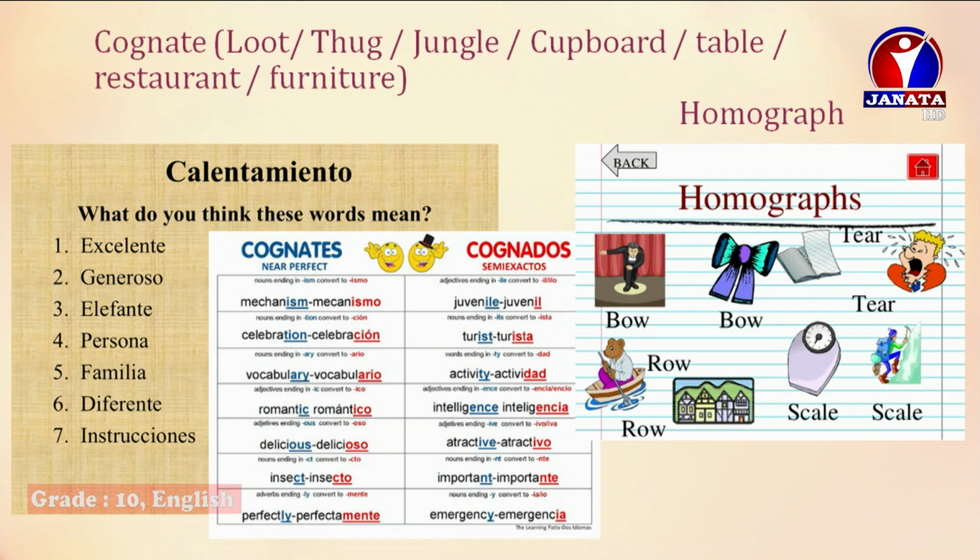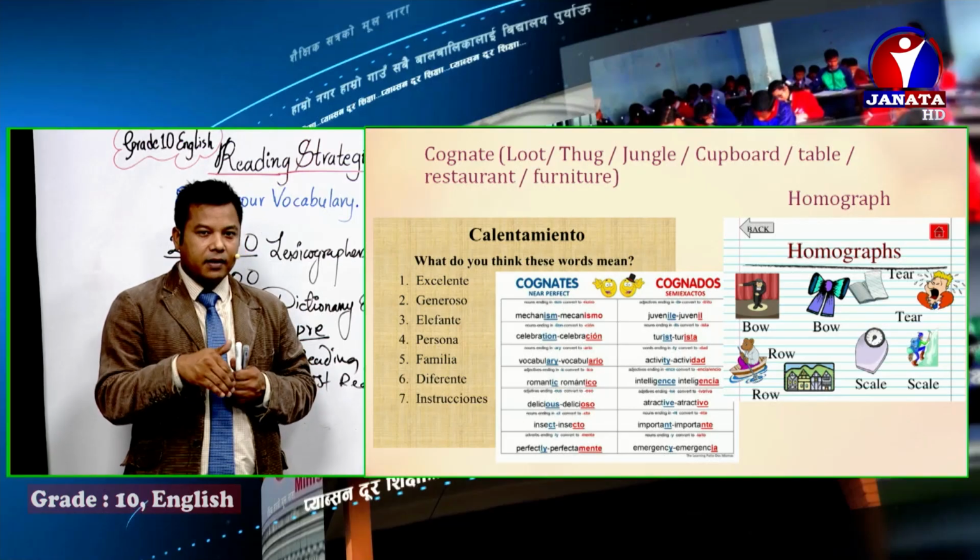Table, now, in Nepali, we do not say table, but we say table. So pretending that I am an English reader right now, and I'm reading a Nepali text, and then I see there, table. So for me, that cognate will help. This is table in my language. I'm an Englishman. I say table. It must be table. So we say in Nepali, restaurant.